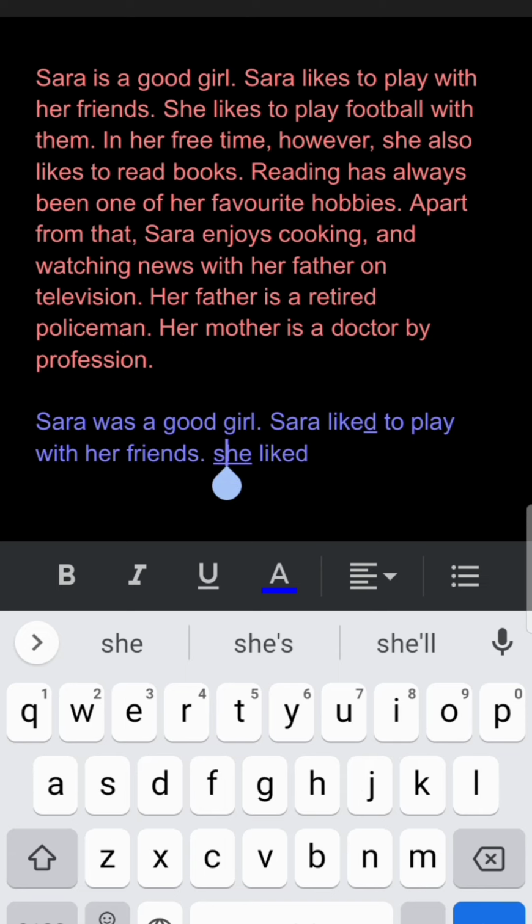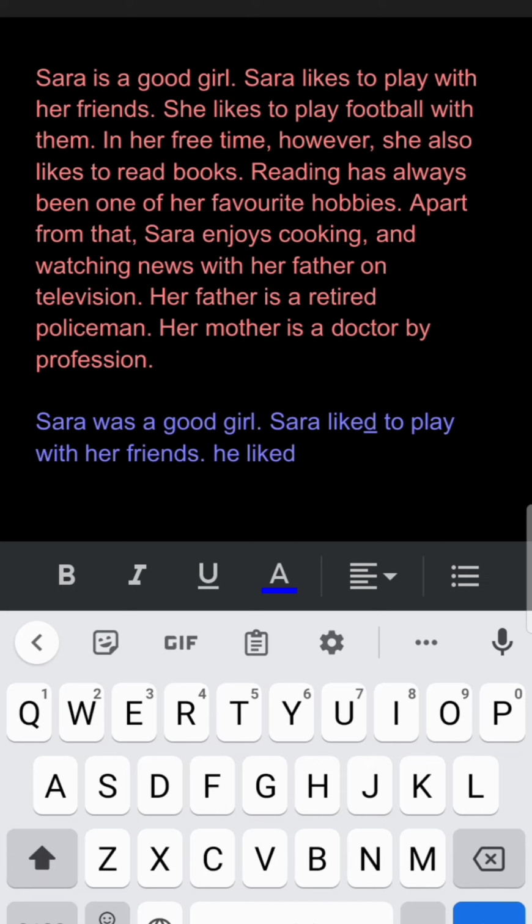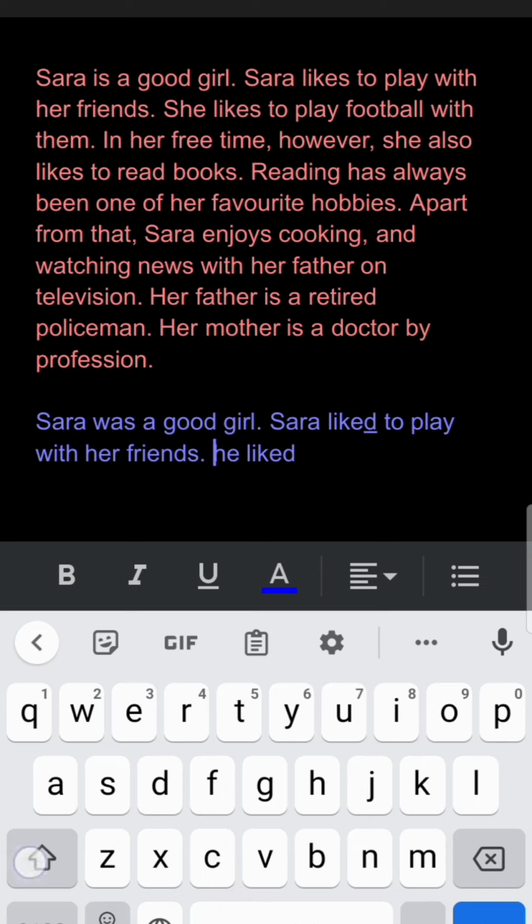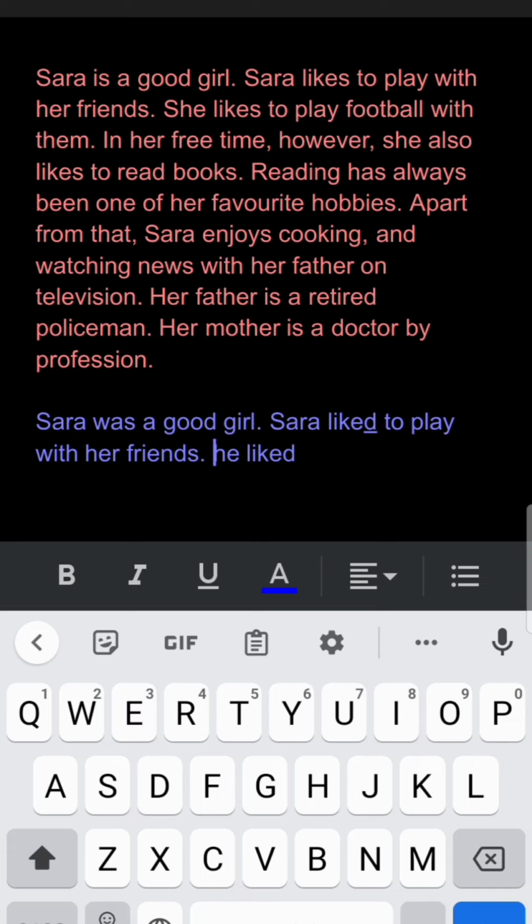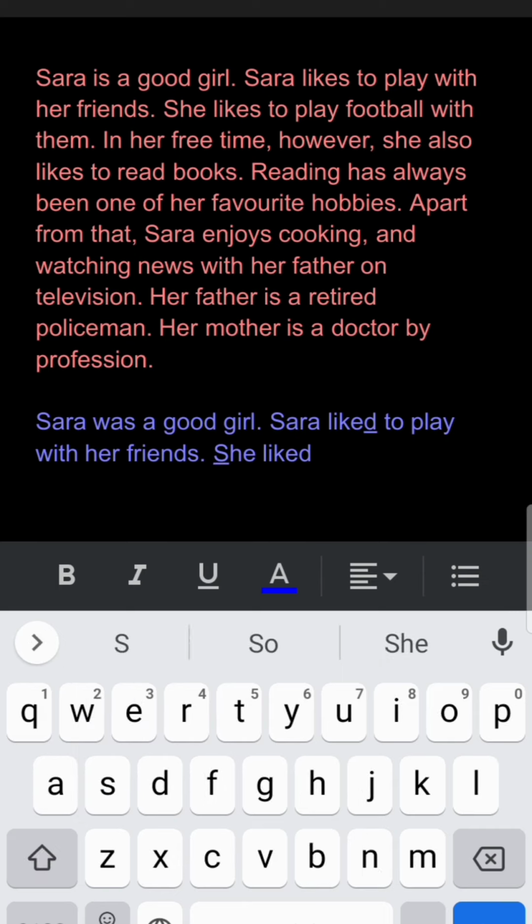Also, you need to remember that whenever you start a new sentence, you need to make the first letter of the first word capital. Like she, the S of she would be capital, always. But that rule only applies when you are starting a new sentence.